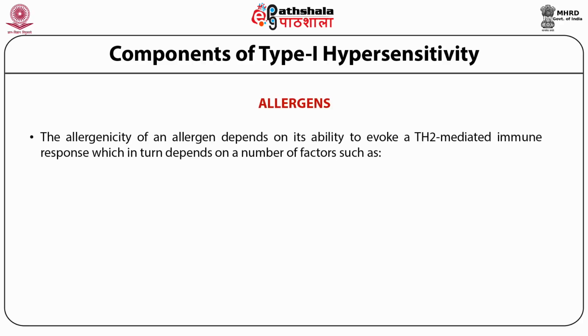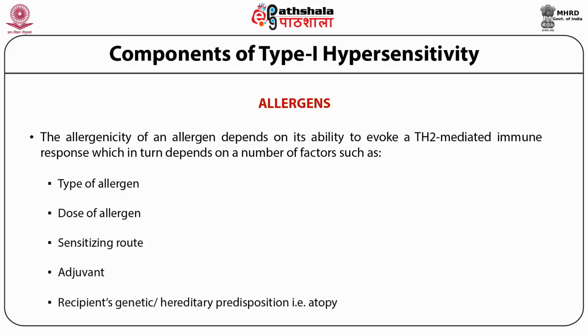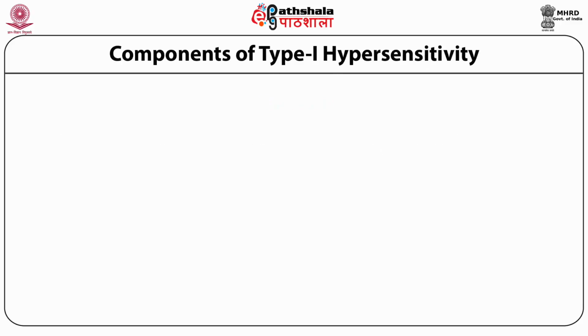The allergenicity of an allergen depends on its ability to evoke a Th2-mediated immune response, which in turn depends on a number of factors such as type of allergen, dose of allergen, sensitization route, adjuvant, and the recipient's genetic or hereditary predisposition, that is atopy. Another component of type 1 hypersensitivity is Th2 cells.